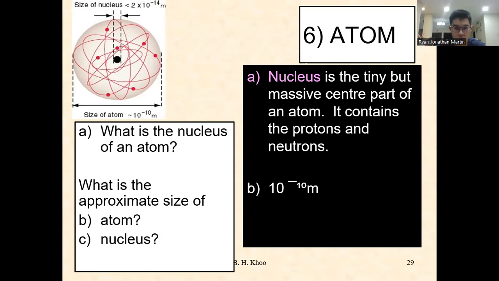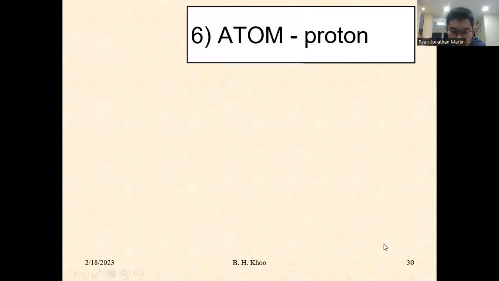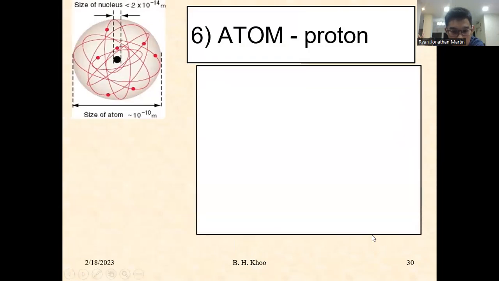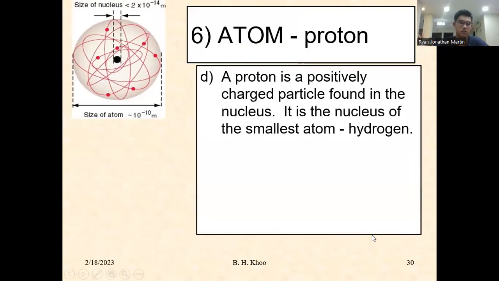About 1.25 times 10 to the power negative 14 meter. Okay, good. Proton: a positively charged particle found in the nucleus.